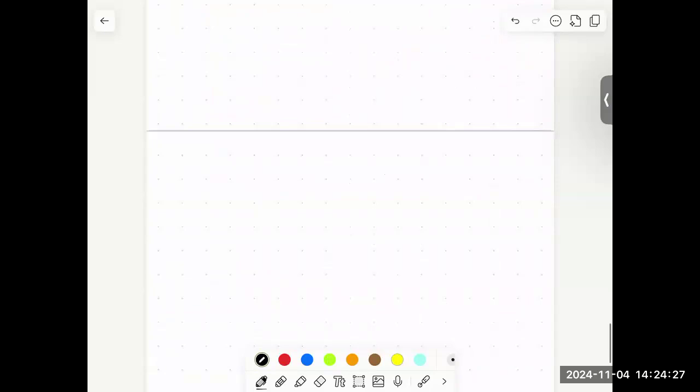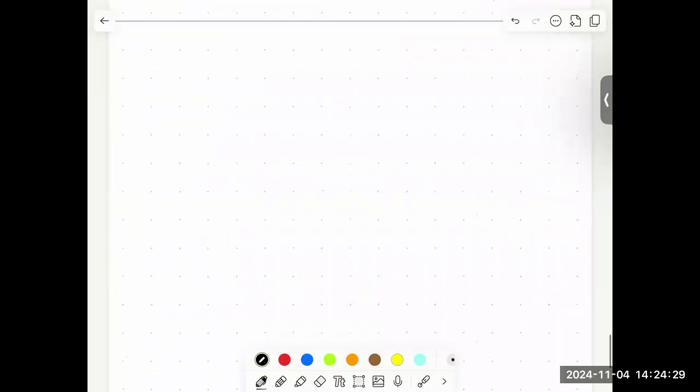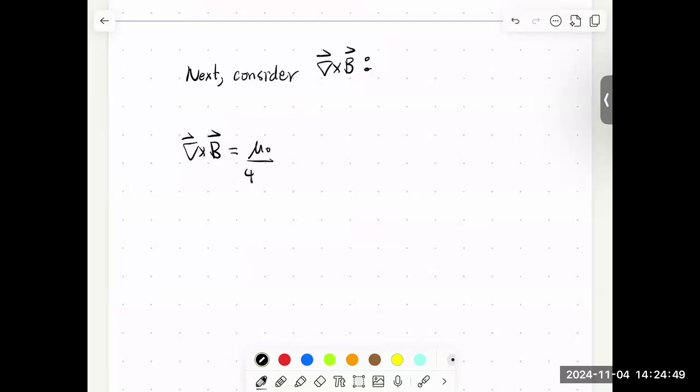So let's start on a fresh sheet here. What we'll do next is consider the curl of B. Okay, so the curl of B is going to be equal to mu naught over 4 pi. This time I'm just going to take the curl inside the integral right away.